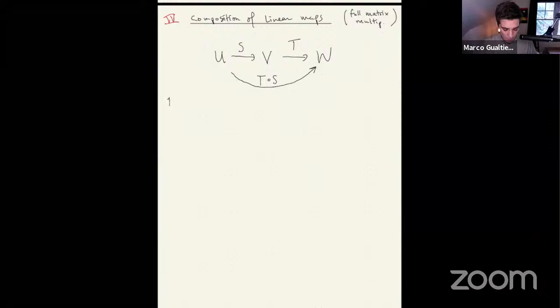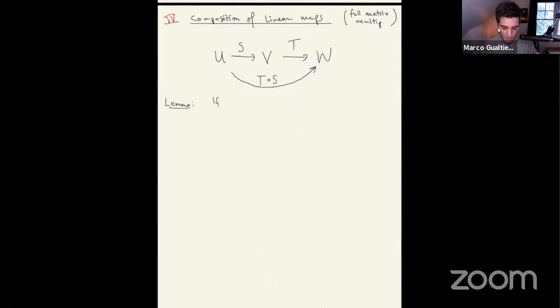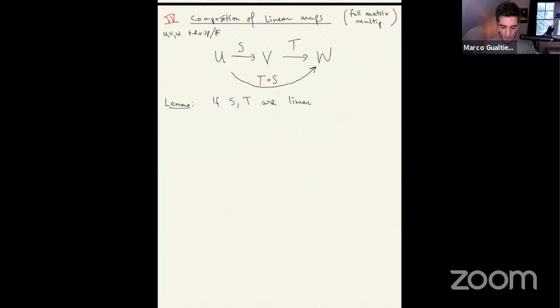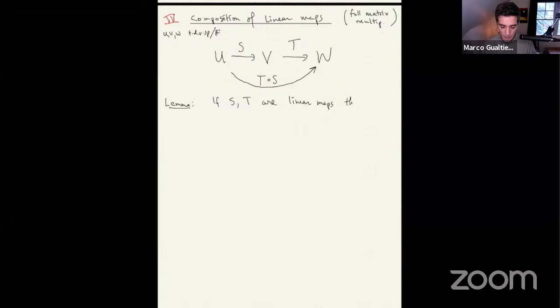And maybe the first thing to mention, maybe I'll put it as a lemma, which is very easy to check, is that here what I'm assuming is that U, V, and W are finite dimensional vector spaces over the field. And if S and T are linear maps, then their composite is also a linear map, okay?